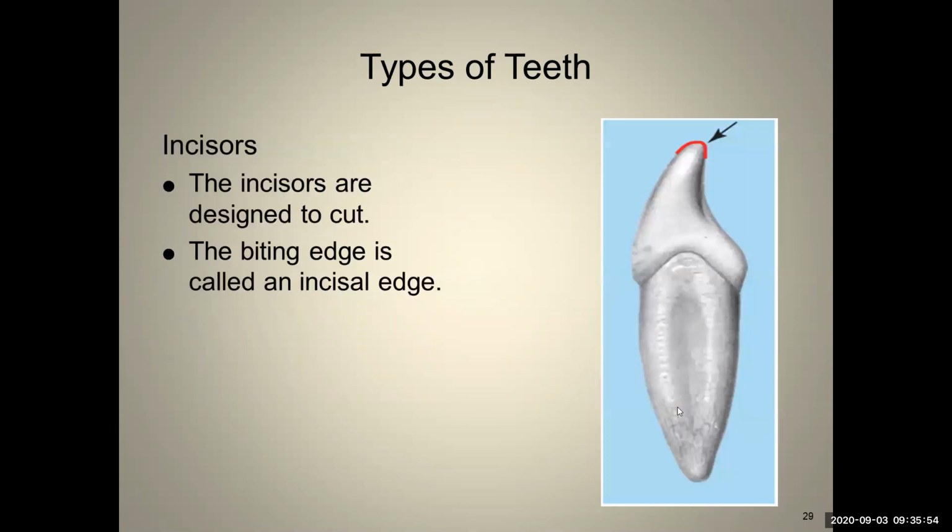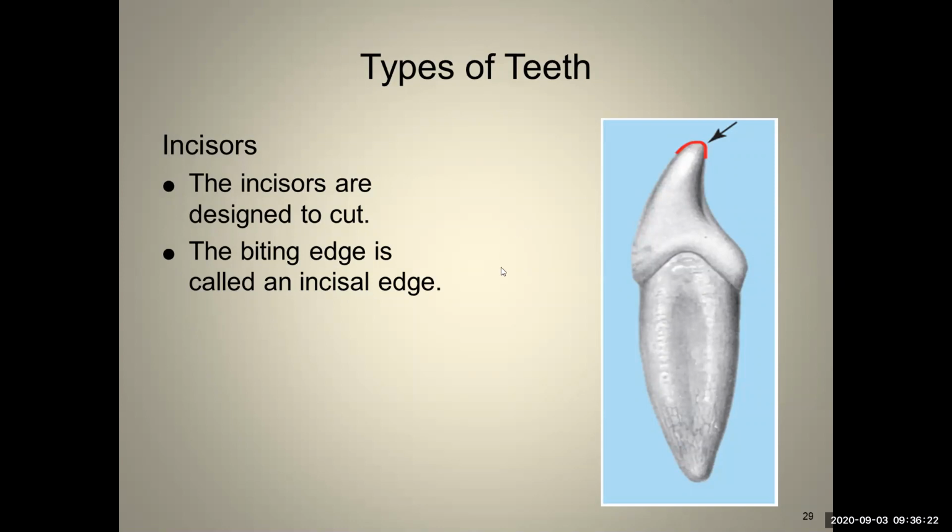So we have the incisors. These are your front four teeth, top and bottom, maxillary and mandibular. The incisors are designed to cut. They have a biting edge that's called an incisal edge, and this is the incisal edge, designed to cut.